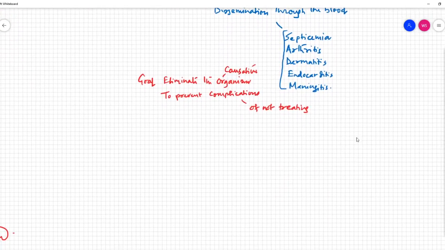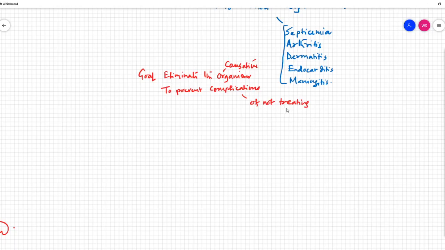We must also remember that it is transmitted vertically. So the complications in the infant also we are trying to prevent. So that is the goal of therapy.